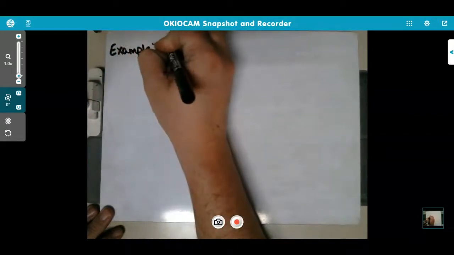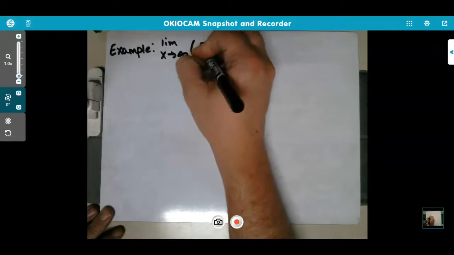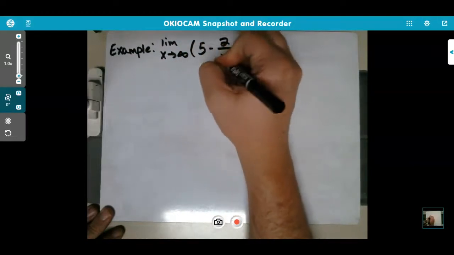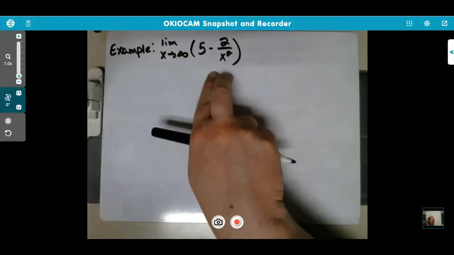Let's find the limit as x approaches infinity of 5 minus 2 over x squared. Now, what I know from way back in chapter 2 is that I can actually split this into two things, right?